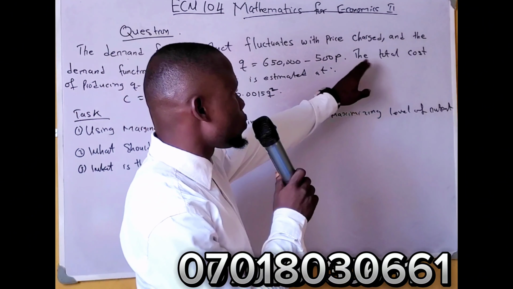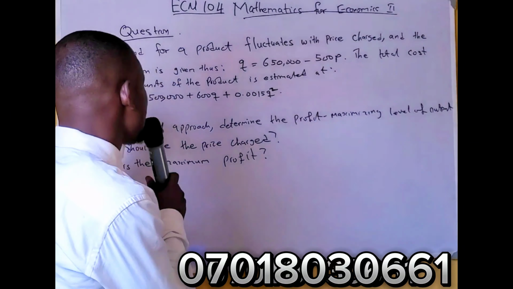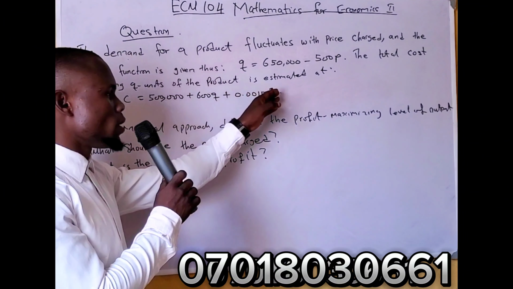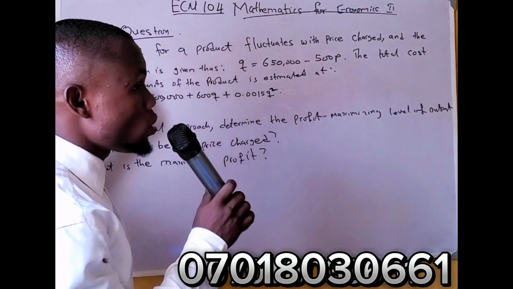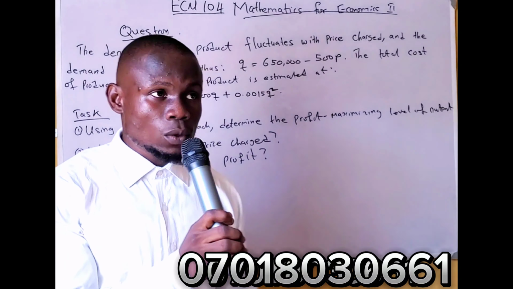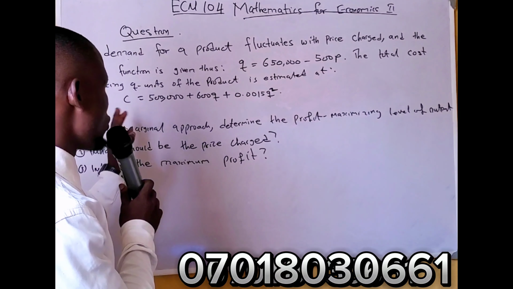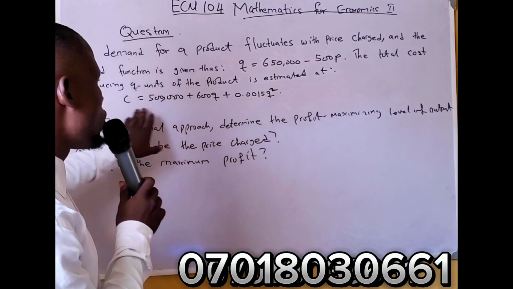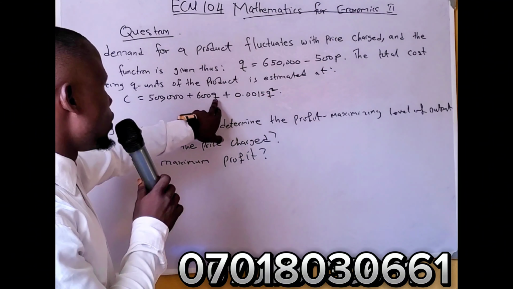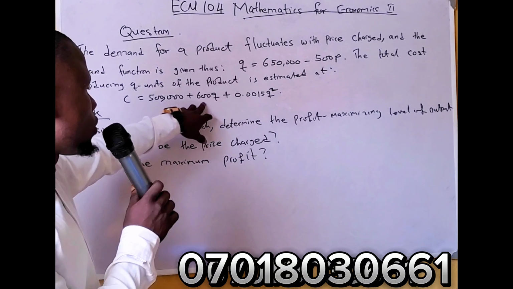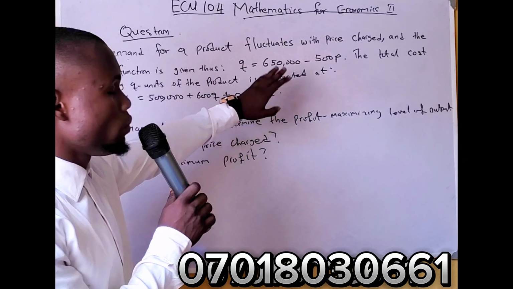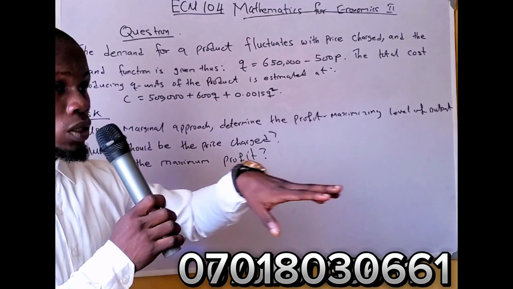Also, they give us the total cost of producing Q units of the production, estimated as that. This is the general total cost function. Q stands for unit. If it's producing 1 unit of commodity, the total cost of producing will be what? This Q here will be 1, this Q will be 1, so it will be 500,000 plus 600 plus 0.0015. That will be the total cost of producing it.